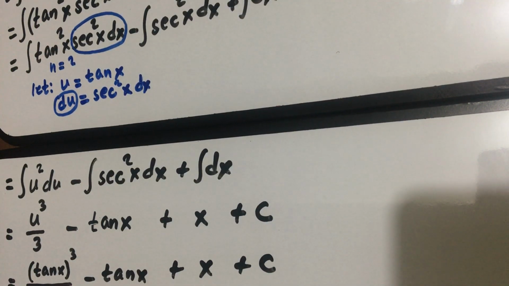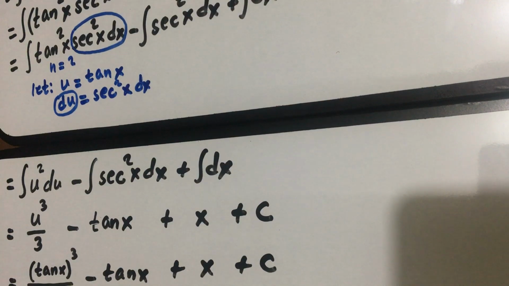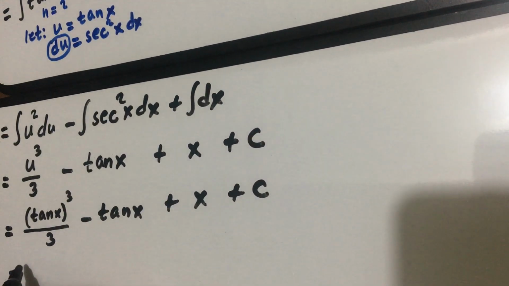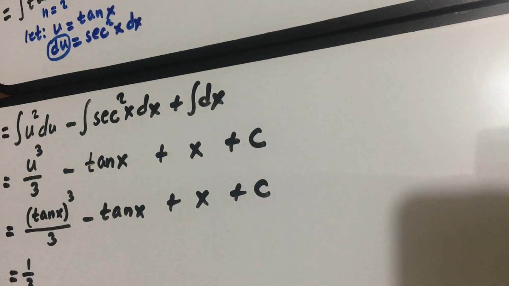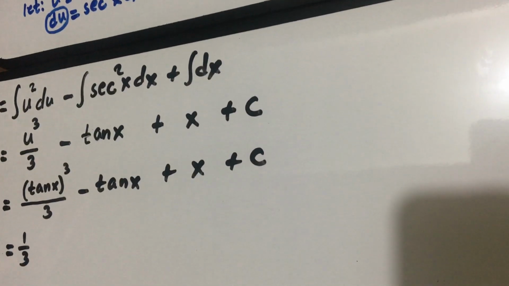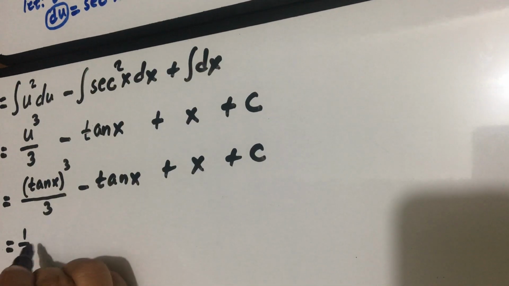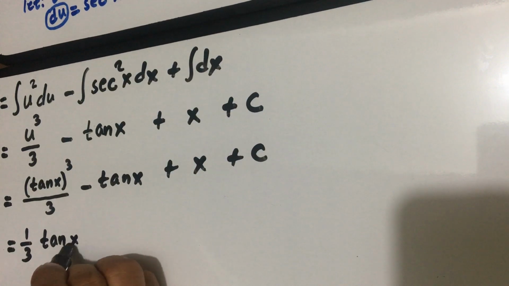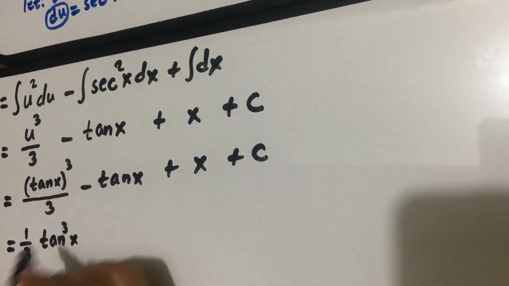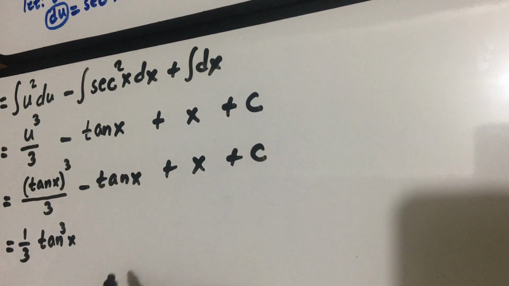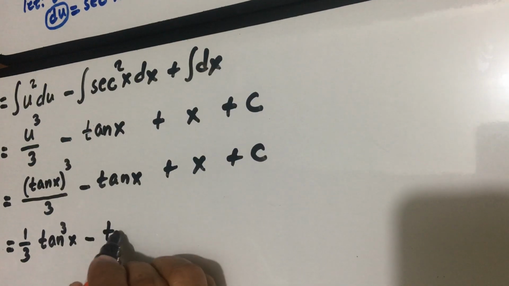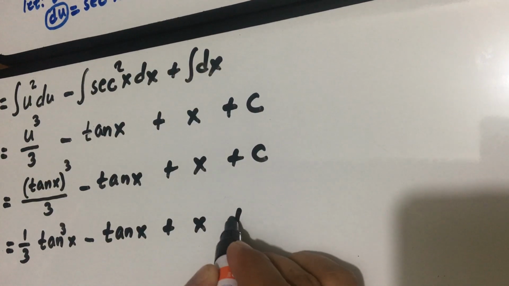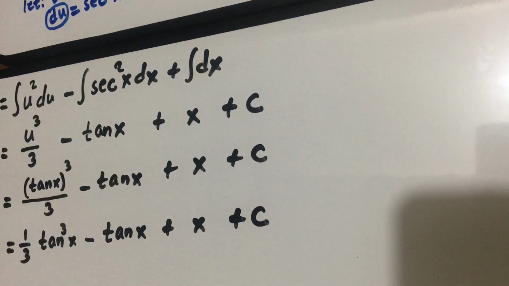Our final answer is 1/3 tangent x, and you can put the exponent here like that, then minus tangent x plus c. So this is our final answer.